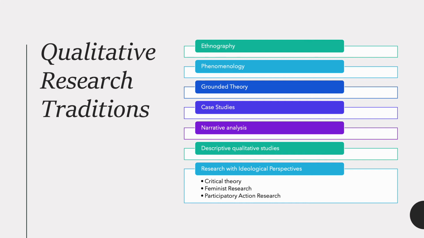So let's skip down and let's talk about some of the research with ideological perspectives. Critical theory is concerned with a critique of existing social structures and with envisioning new possibilities. If we think of critical ethnography, then we are focusing on raising consciousness in the hope of affecting social change.